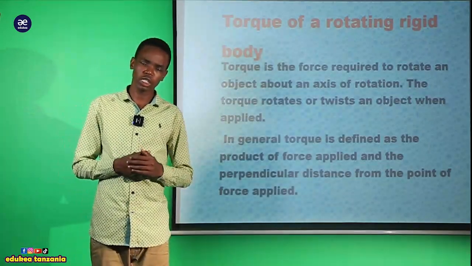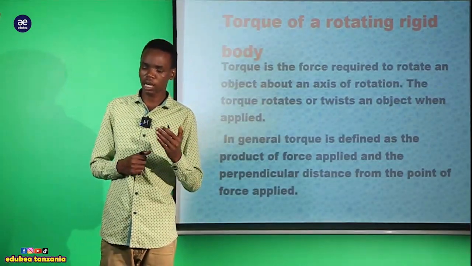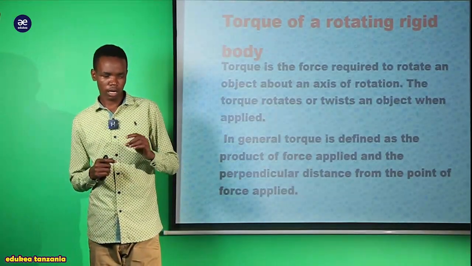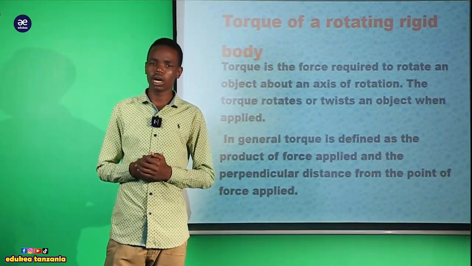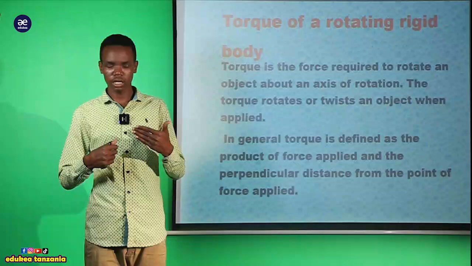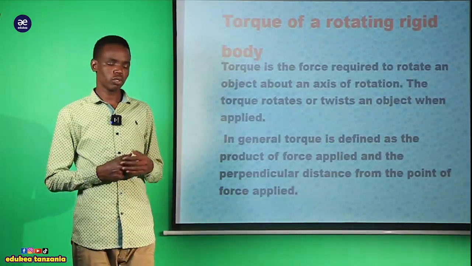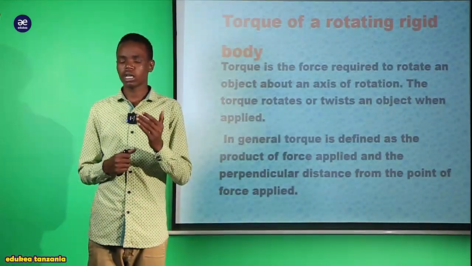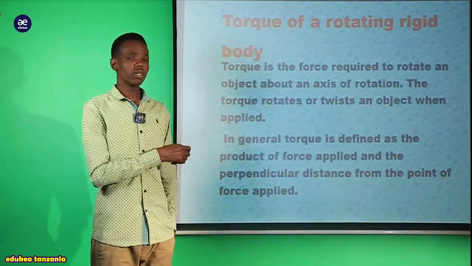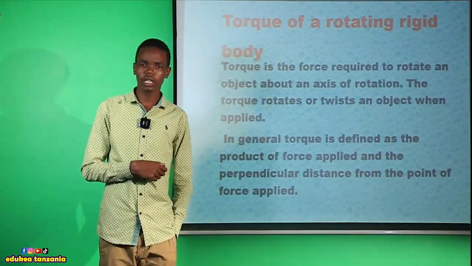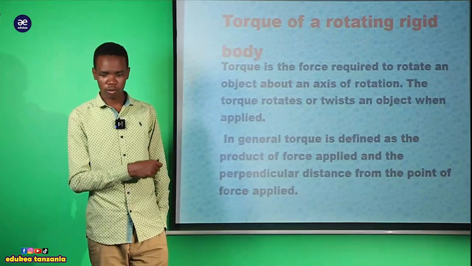There are so many questions that need you to find the torque. Now, how can we obtain the torque? Let us go and see the introduction, and after that we shall see the formula related to the torque.